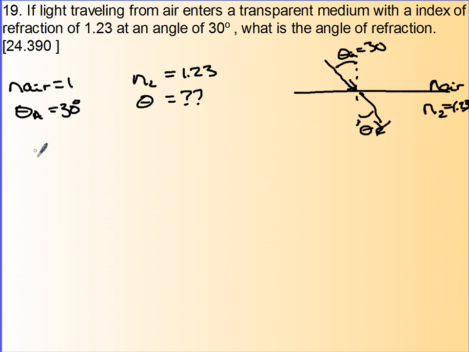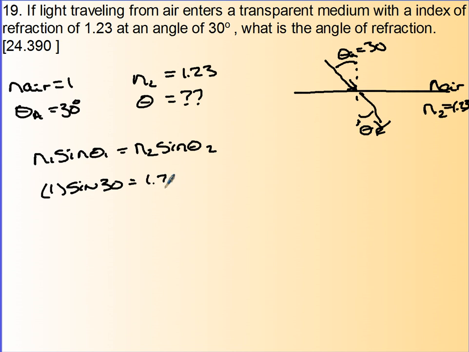All right, you're going to use Snell's law. N1 sine theta 1 equals N2 sine theta 2. All right, N of air is 1, sine 30 equals 1.23 sine theta 2. All right, don't panic here. Let's go on and find out what the sine of 30 is. Put 30 in your calculator and then hit your sine button.